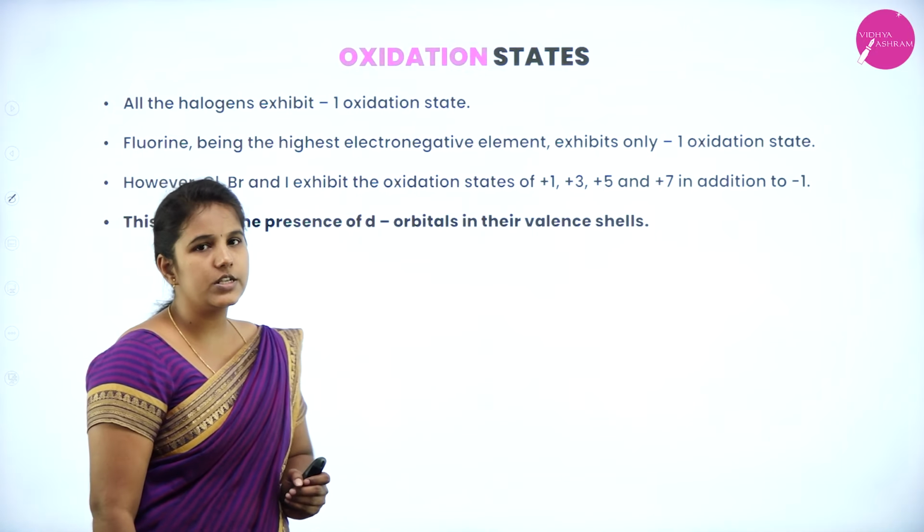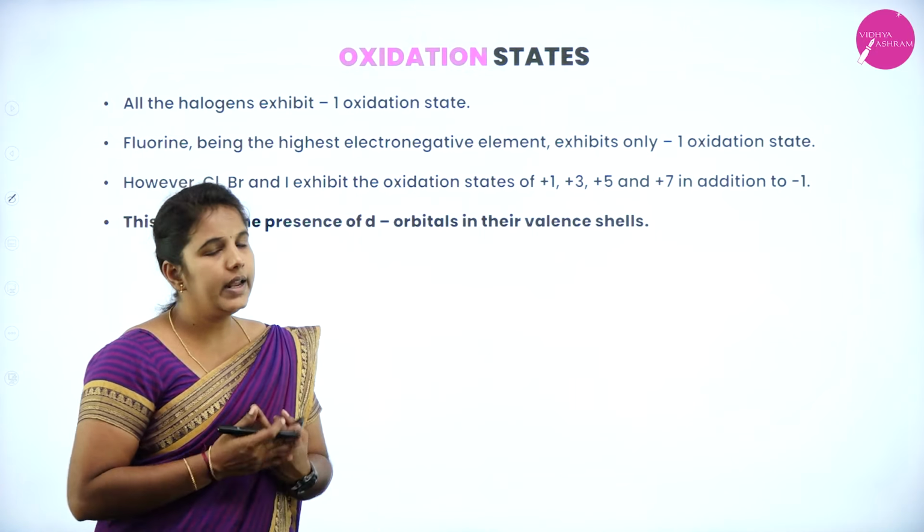Coming to their oxidation state. Already I have explained that the group 17 elements have a valence shell electronic configuration of ns2 np5, right? So in order to get a stable electronic configuration, either it has to accept one electron, or it has to share its 7 electrons with other elements. That is why we can say that group 17 elements exhibit the -1 oxidation state.